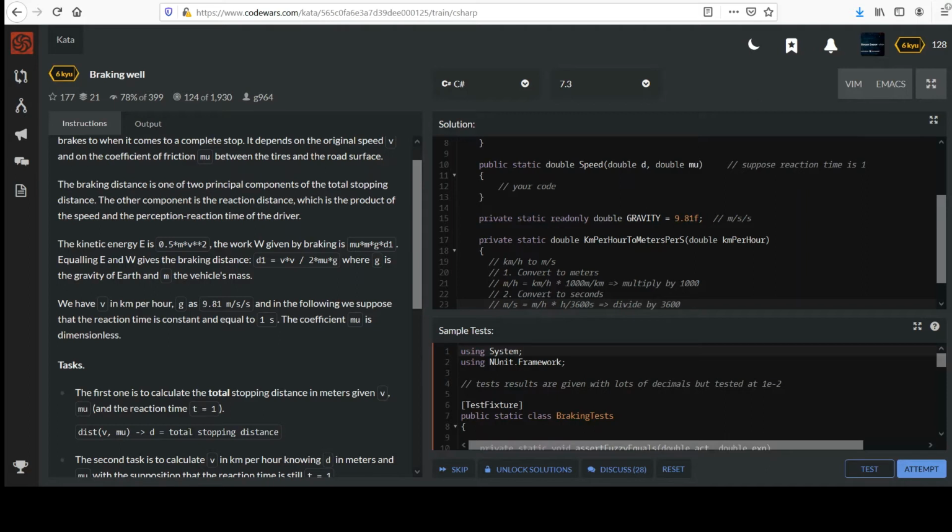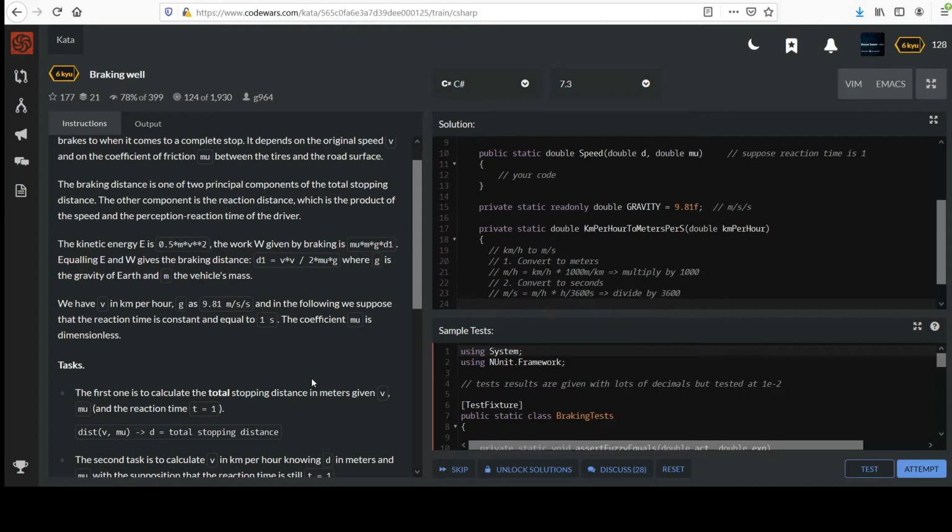And so when you put this all together, you get kilometers per hour times 1,000 over 3,600, right? If you multiply by that ratio, then we get down to meters per second. And we can reduce that: if you divide by 200, it should go down to 5 over 18.